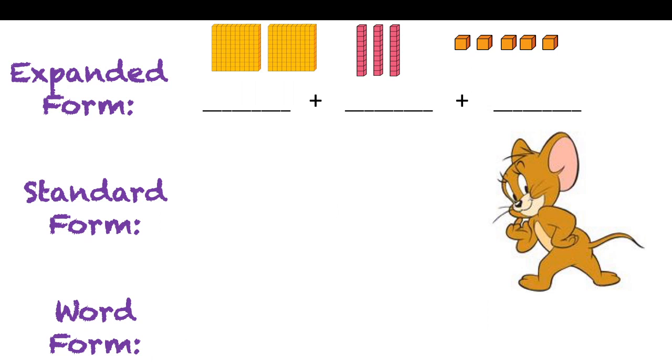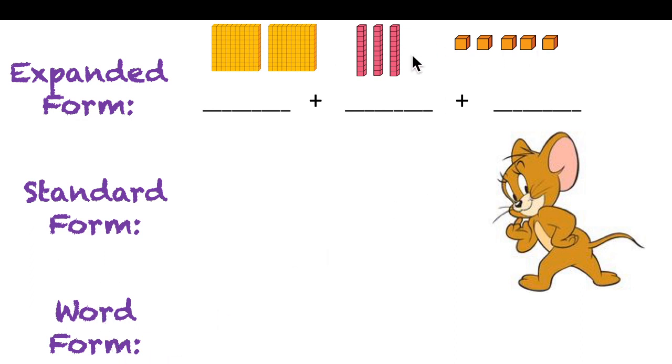Okay, so one more time. The numbers can be written in 3 different forms. They can be written in expanded form, standard form, and word form. Which 3 forms? Expanded, standard, word form.